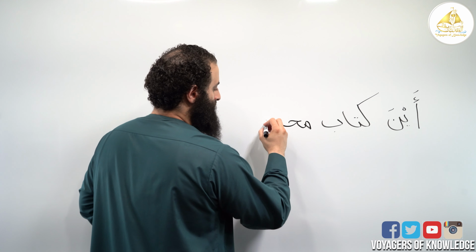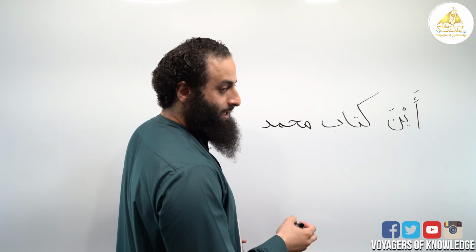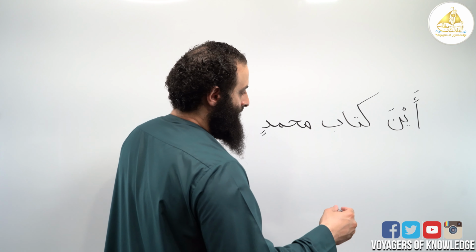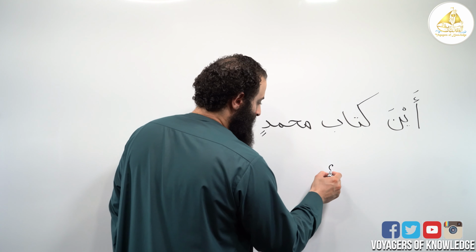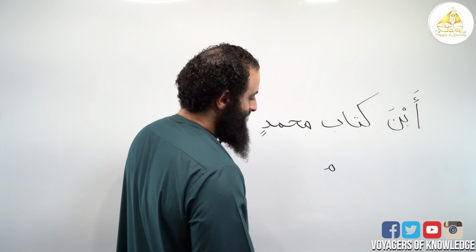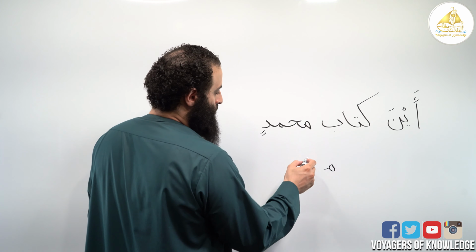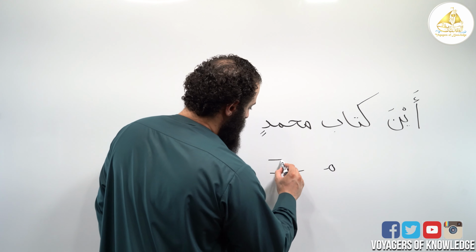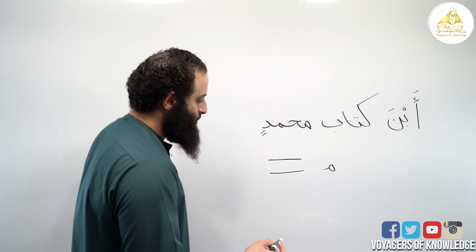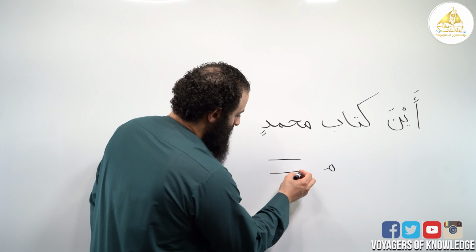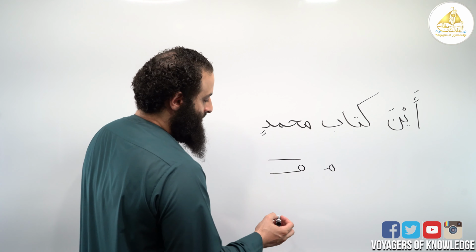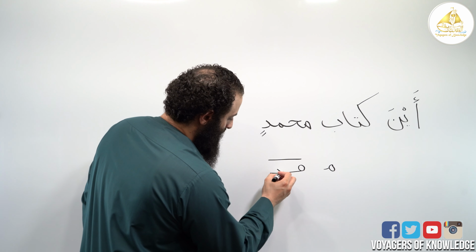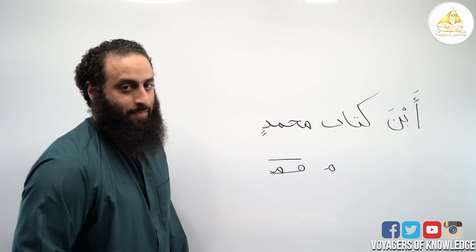I was teaching my son how to write meem actually last week, and he would just kind of do a circle and then go like that. Rather, what you want to try to do is start from the middle. So if you're writing on a line, don't just make a circle and be done with it. Start from the middle here and make your way down, and then you just loop around like that.